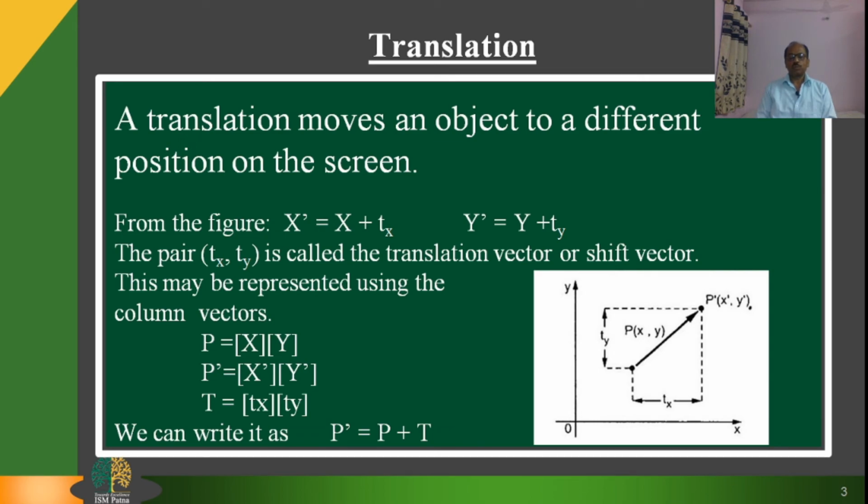So the translation coordinates should be Tx and Ty.